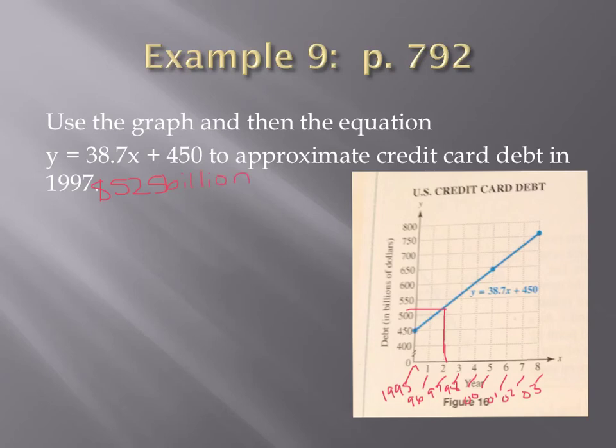Okay, so now if we use the equation, that should give us a very close, if not exactly the same answer that we get from the graph. So using the equation, 38.7 times x, which is 2, plus 450.